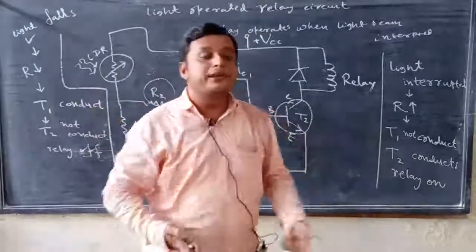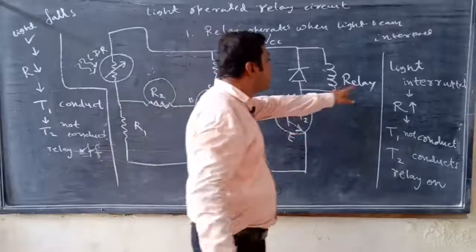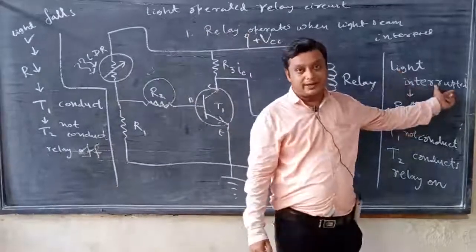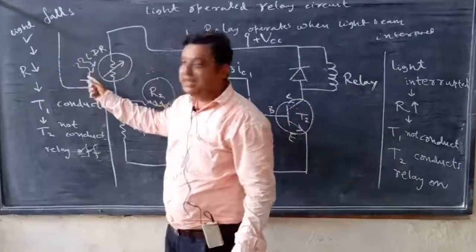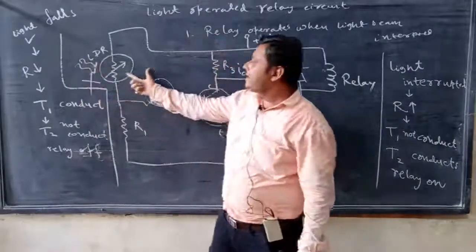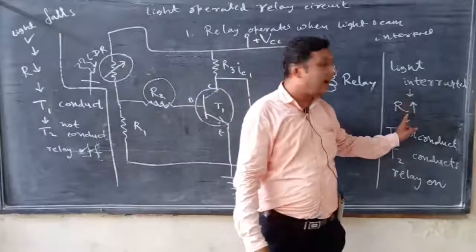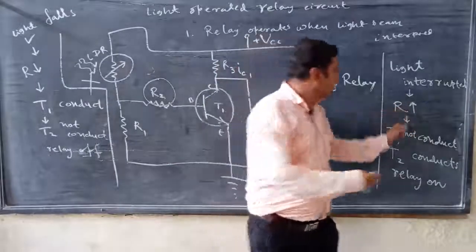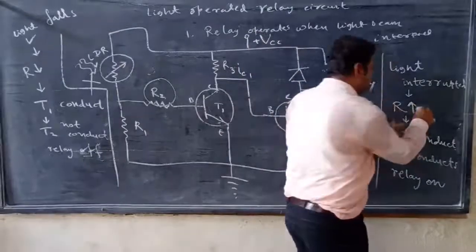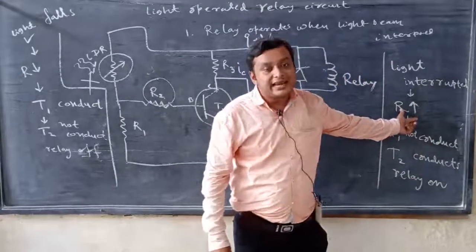Now the second possibility is that whenever light is interrupted, light is not falling onto the LDR. If light is not falling onto the LDR, the resistance of the LDR is increased.